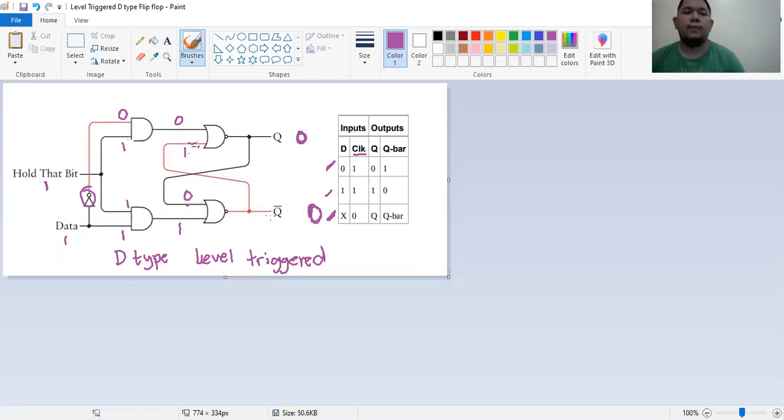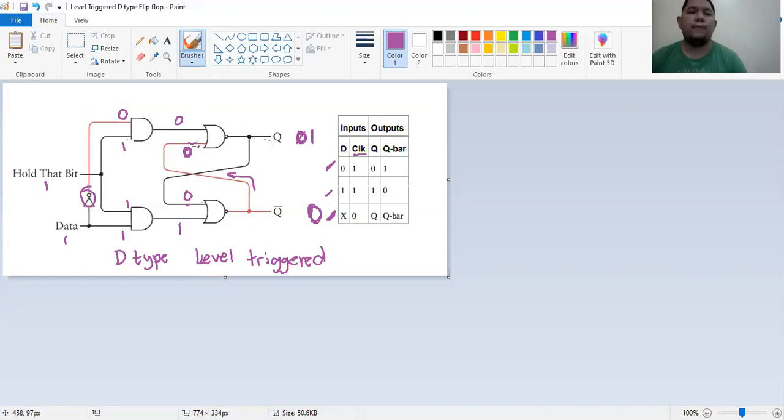Now another feedback is traveling back to this other NOR gate, and now the feedback becomes 0. So 0 or 0 becomes 0, and inverse that becomes 1. So it settles down to an output of 1 and 0.